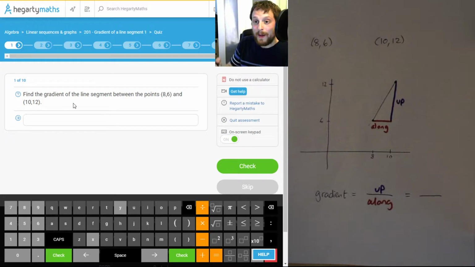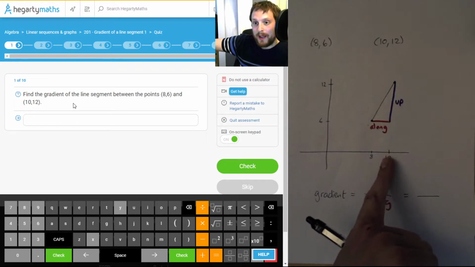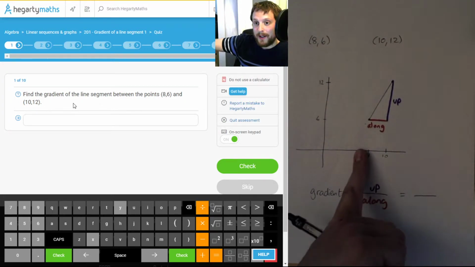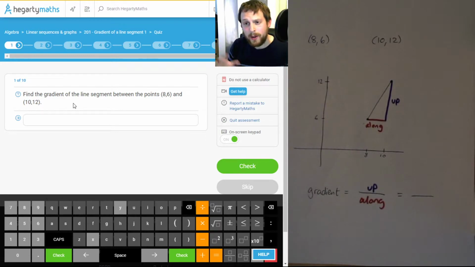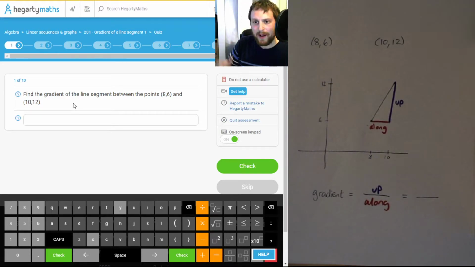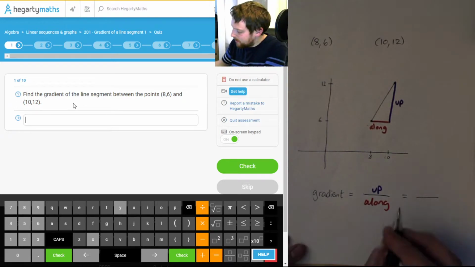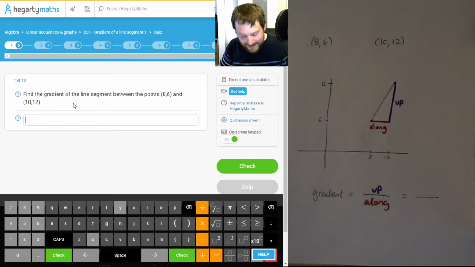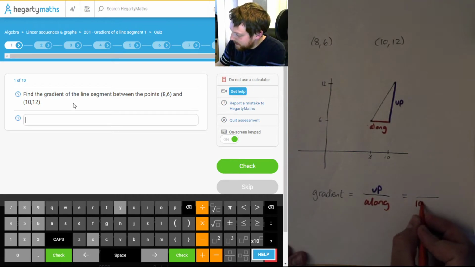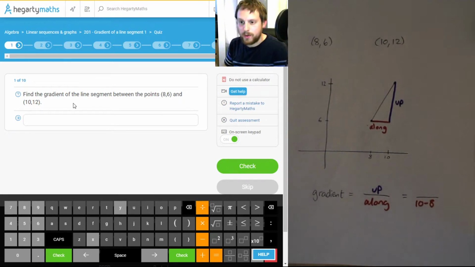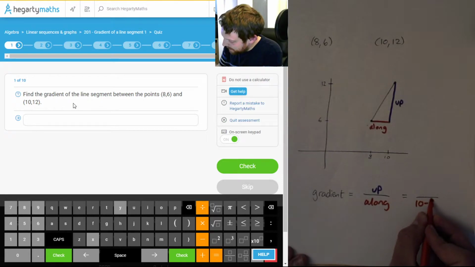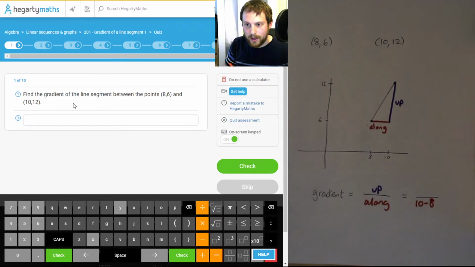Yeah, so you do the big one and then you take away the little one, or you make sure you're at least being consistent in which way round you're doing it, right? You just want to know what this distance is. So I'm going to have 10 take away 8 on the bottom here, which is of course 2. But I'm going to leave it like that for now so you can see where it's come from.